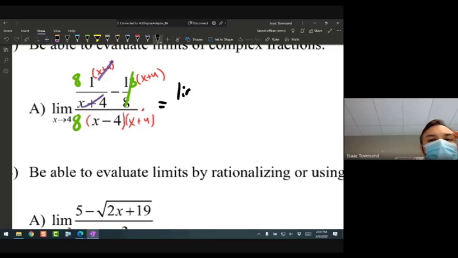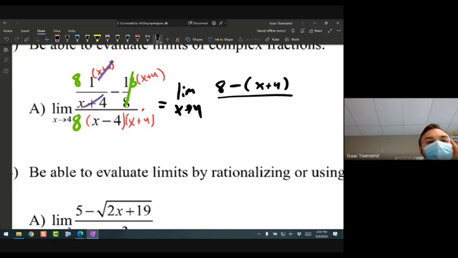Now, the hardest part about this is that it gets kind of messy. But since these canceled out, the only thing left here was 8 times 1 minus, the 8's canceled out, so that what was left was 1 times x plus 4. And this is minus the whole thing, so make sure you say minus the whole thing.